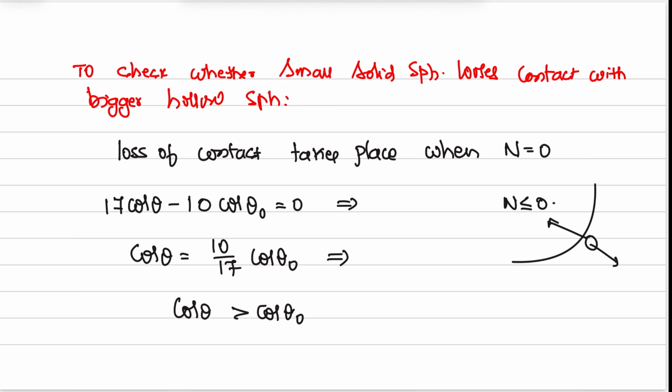But if the initial condition at rest is cos theta naught, cos theta naught cannot be lesser than cos theta. That never happens.